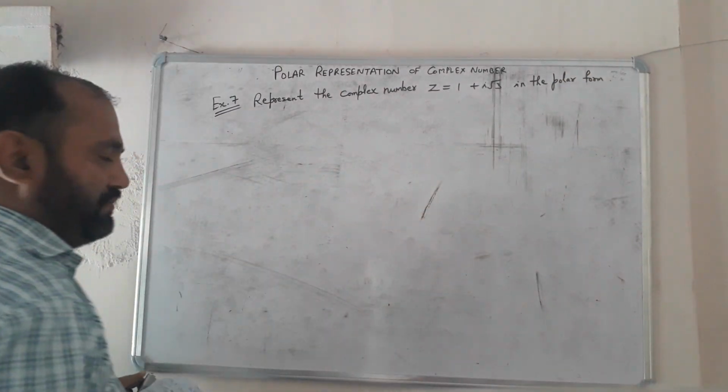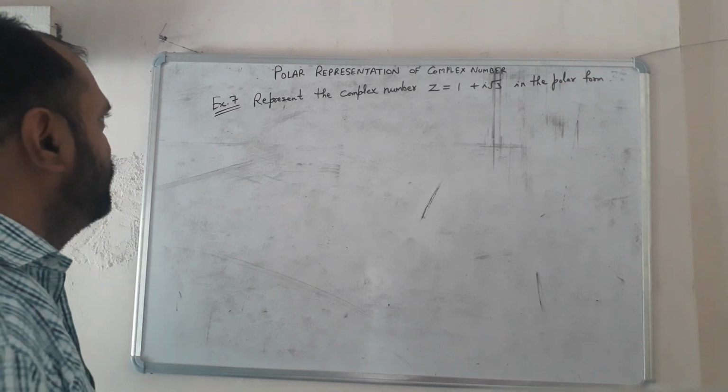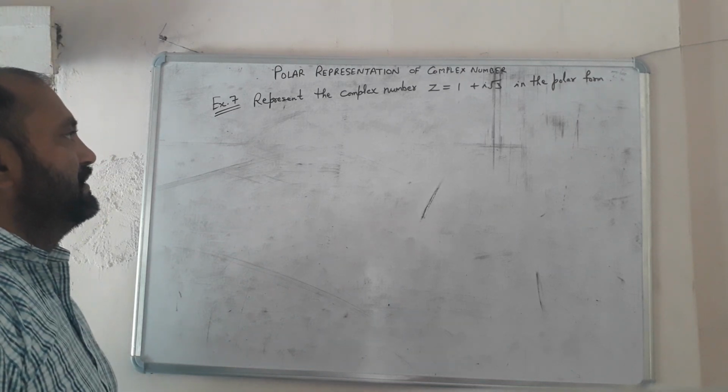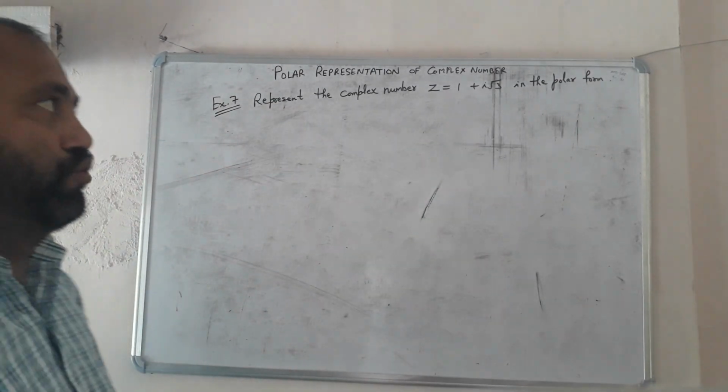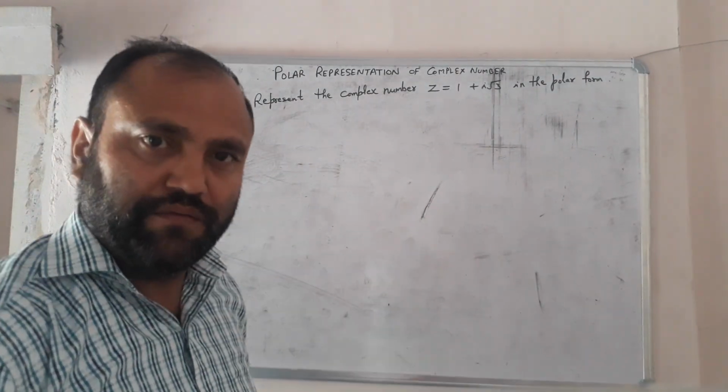This is the question. We have to represent this complex number z is equal to 1 plus iota root 3 in polar form.